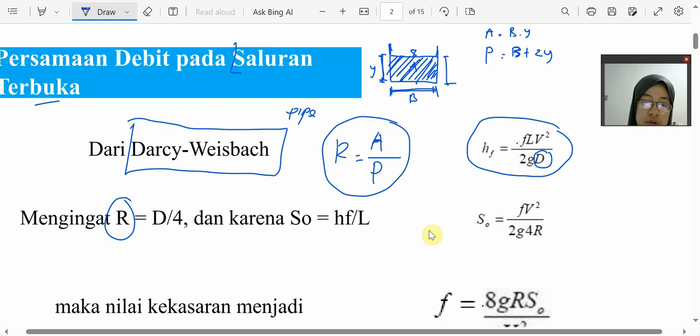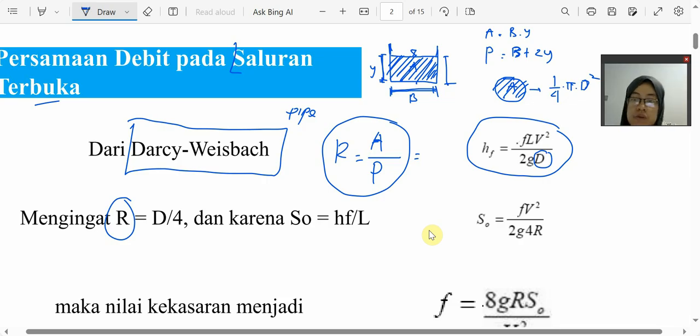If we look for the connection between the hydraulic radius and the diameter, we know that a pipe is circle shaped. So if we use the circle shape, the area is 1 over 4 times pi times D squared, right?